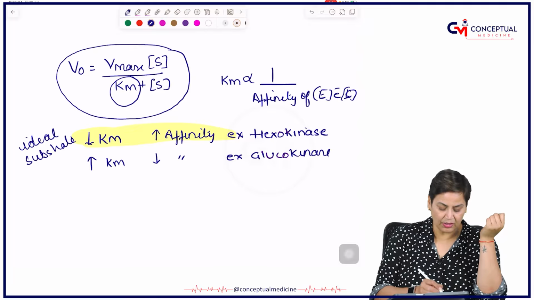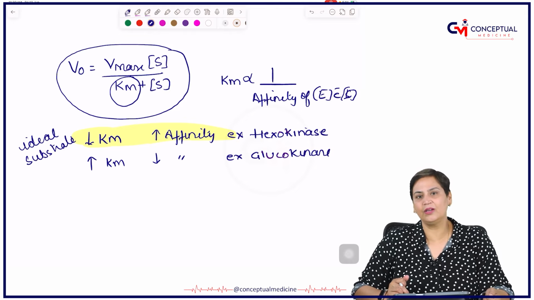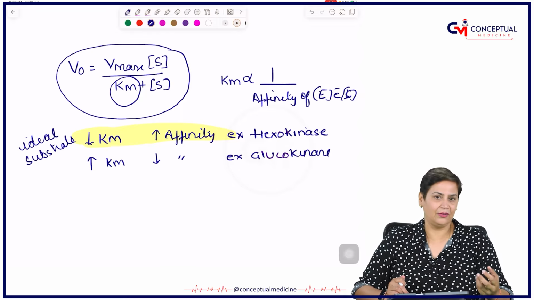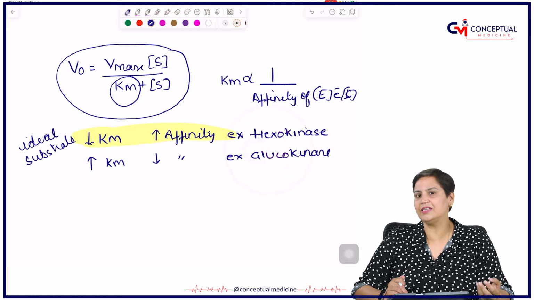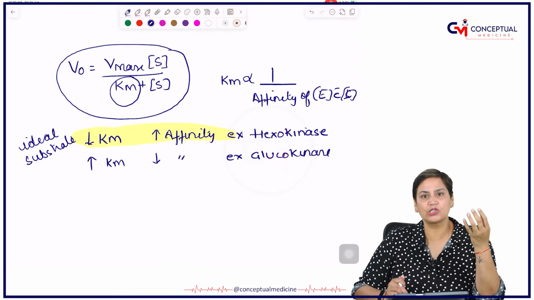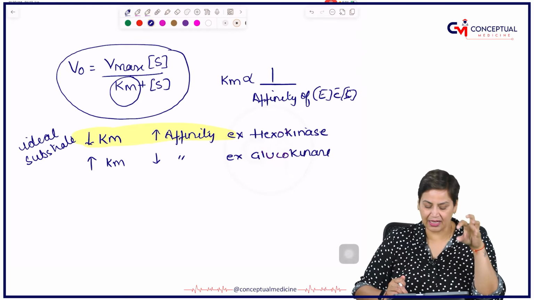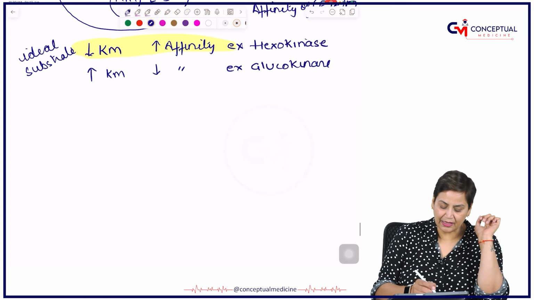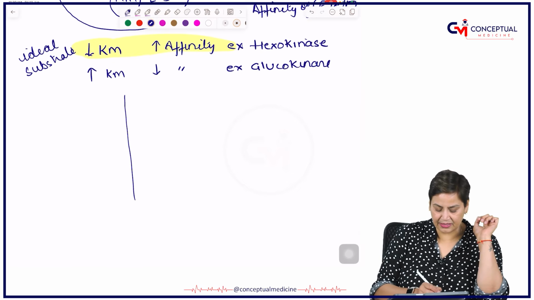Then we discussed the reciprocal of the Michaelis-Menten equation, which is known as the Lineweaver-Burk plot. The significance behind this is that Lineweaver tried to give a relation between the slope and the intercept, and they reciprocated this equation. It comes out to be a straight line like this.